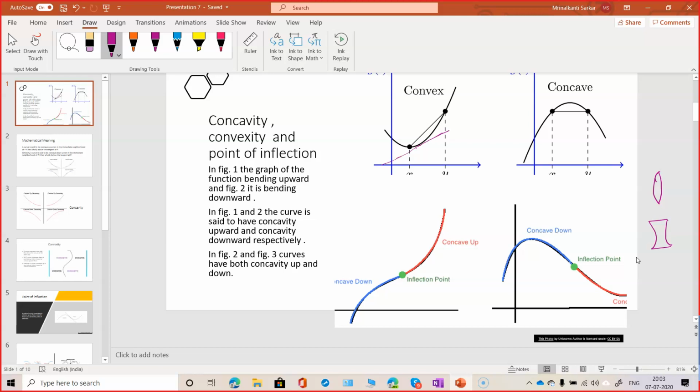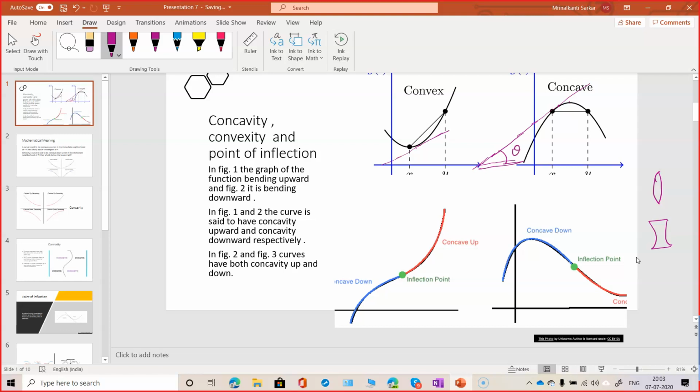Here it is concave in this interval if the change of dy by dx has a positive value over there. On the other hand, before reaching this point, the tangent will make an acute angle with the x-axis, so its slope is positive, theta positive.